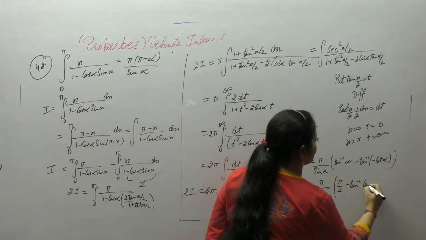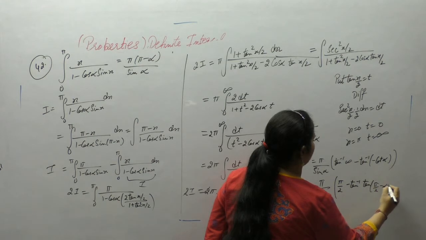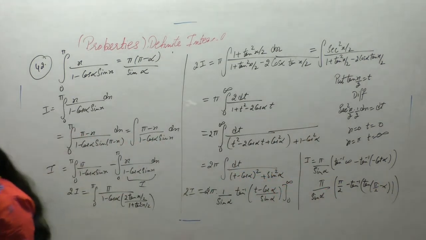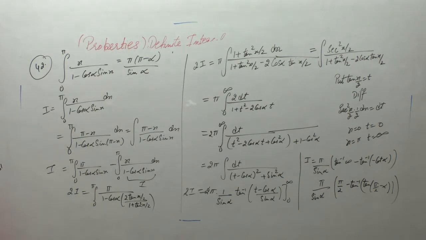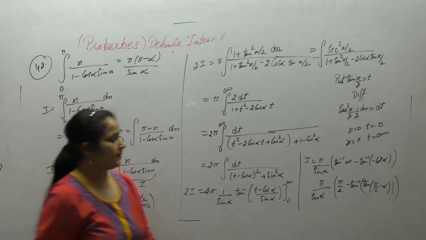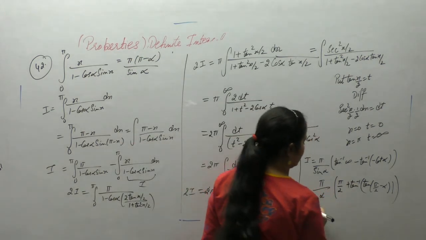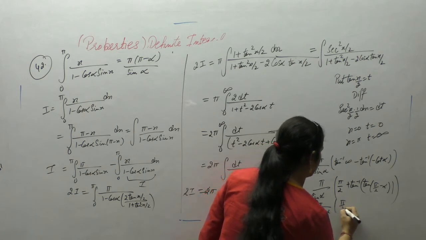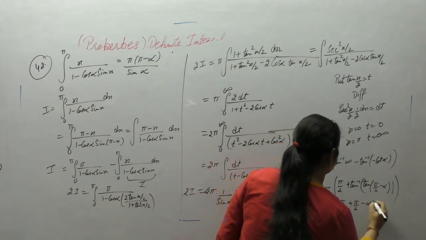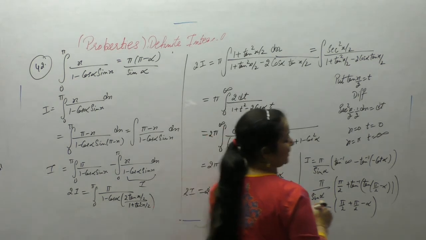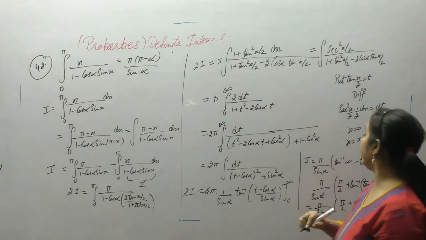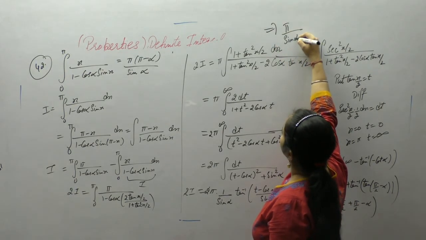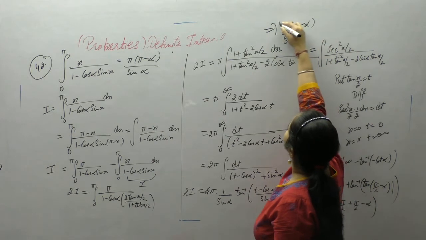We can write it as tan inverse of tan of pi by 2 minus alpha, since tan of 90 minus alpha is cot. So pi upon sine alpha, pi by 2 plus pi by 2 minus alpha. Pi by 2 plus pi by 2 is pi. So pi upon sine alpha into pi minus alpha.